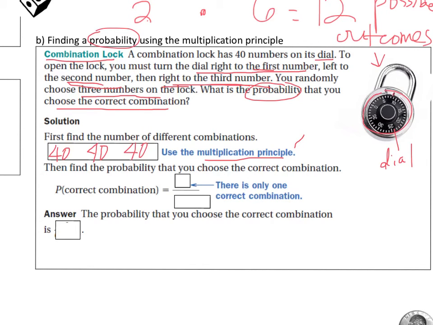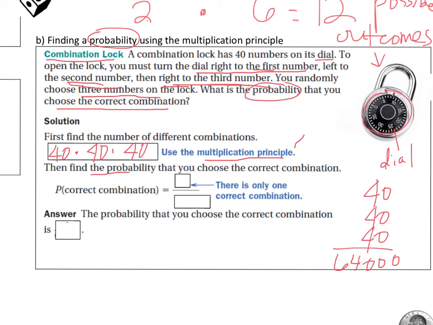So you need to multiply 40 times 40 times 40 to get the total number of possible outcomes. So 40, 40, 40, you get 64,000 possibilities.